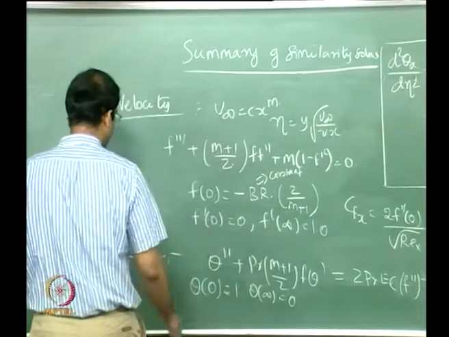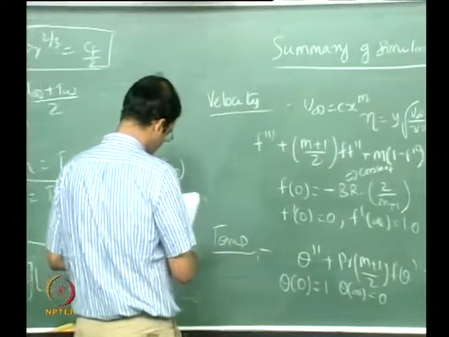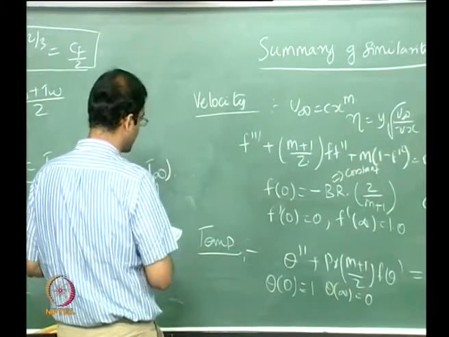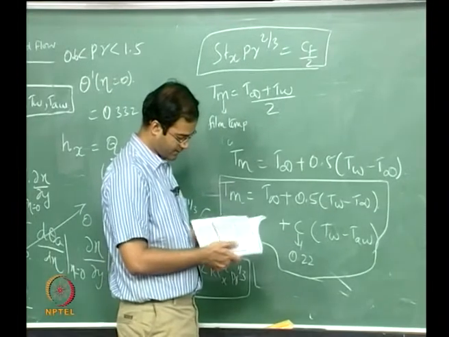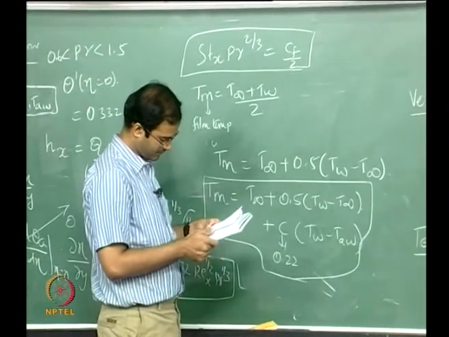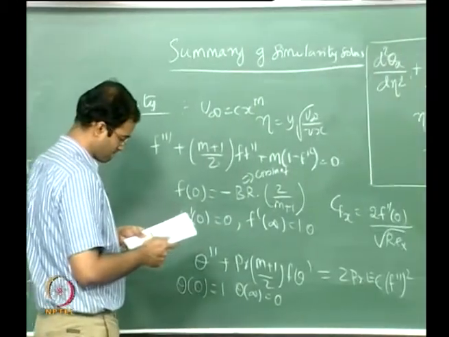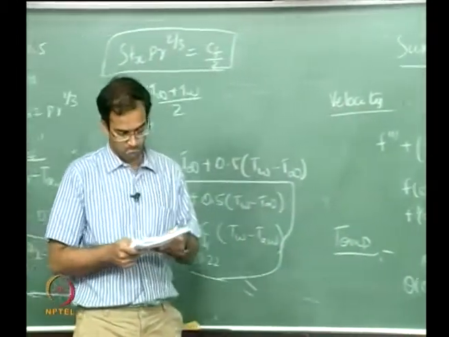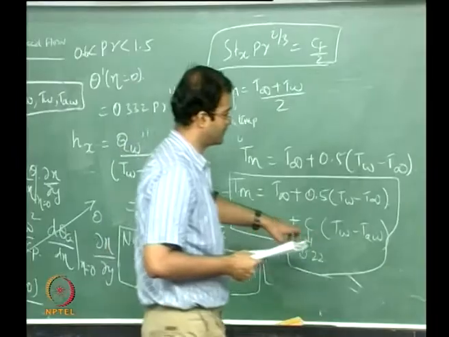How did we define theta in the earlier case? Do you remember, was it T minus T infinity by T wall minus T infinity? Can you just check how we defined it? Then you may have to flip the boundary conditions for the general problem.